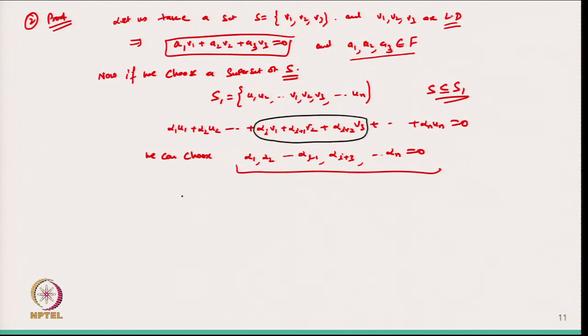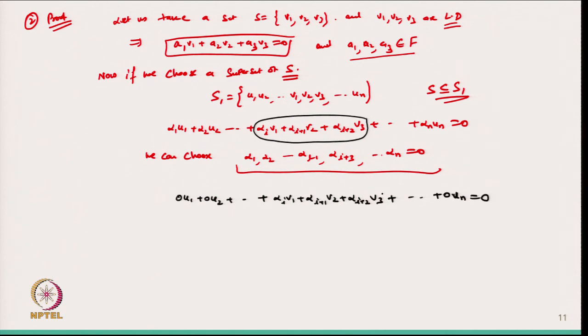So, from here I have 0 U1 plus 0 U2, alpha i V1 plus alpha i+1 V2 plus alpha i+2 V3, 0 Un equal to 0.